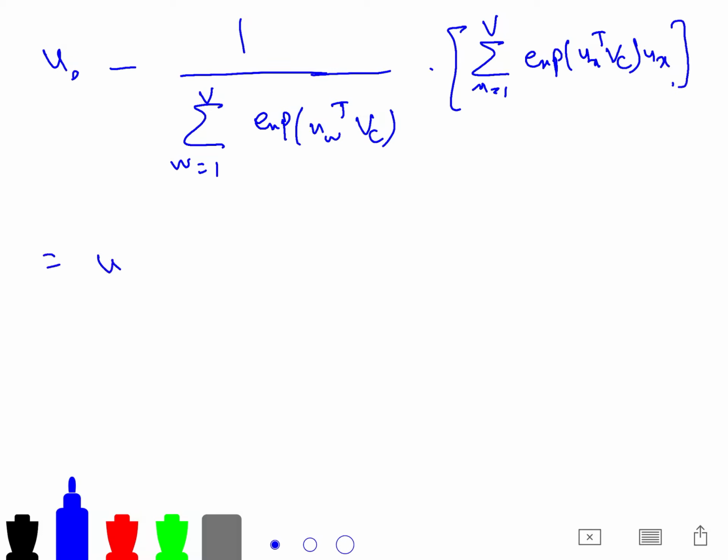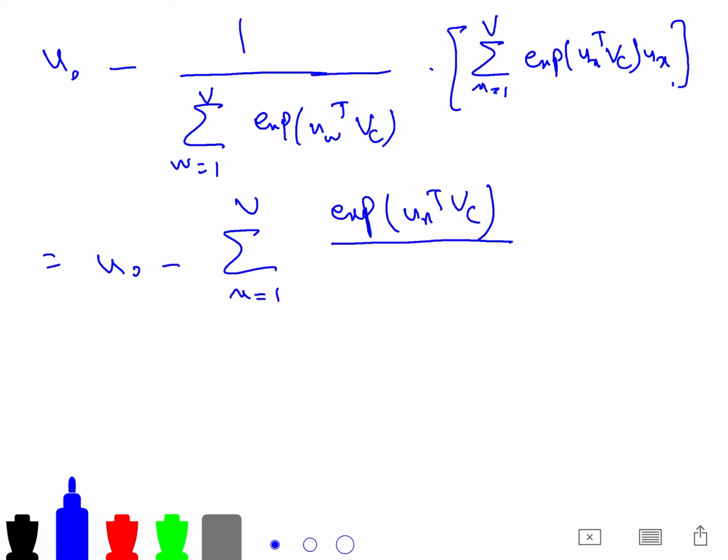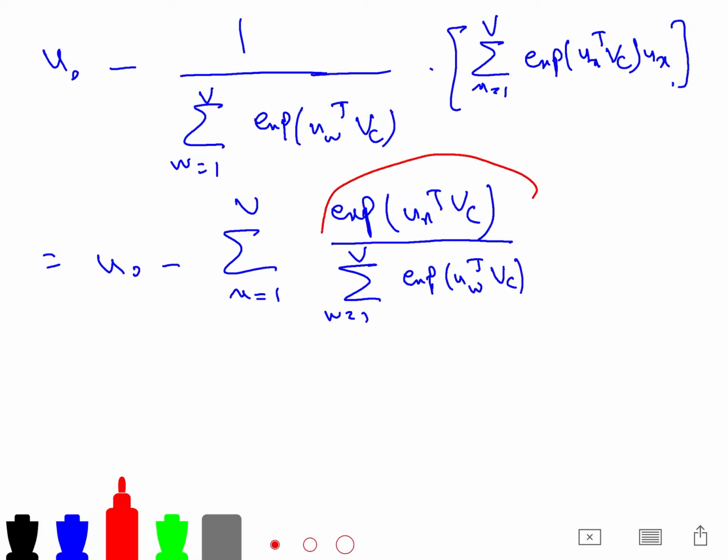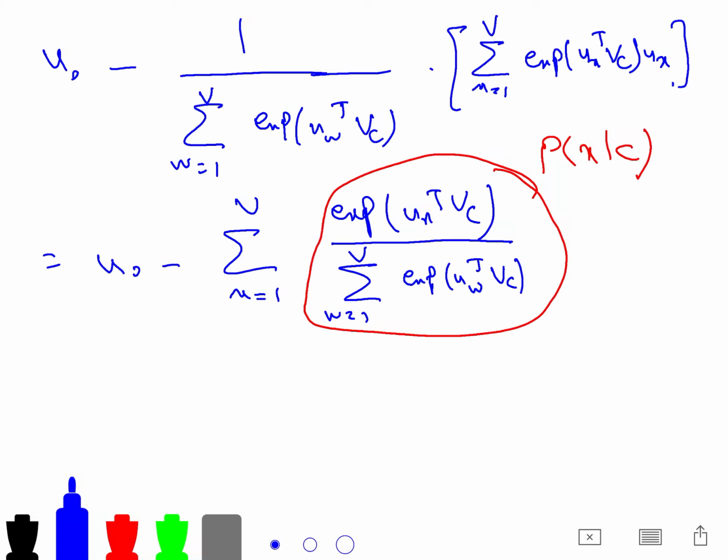And this becomes U output minus the sum over x from 1 to V of e to the UX transpose VC divided by the summation over the corpus of e to the UW transpose VC, times UX. And again, you notice that this is just P of X given context, and of course times UX.